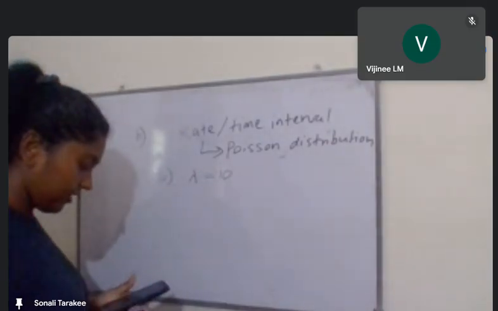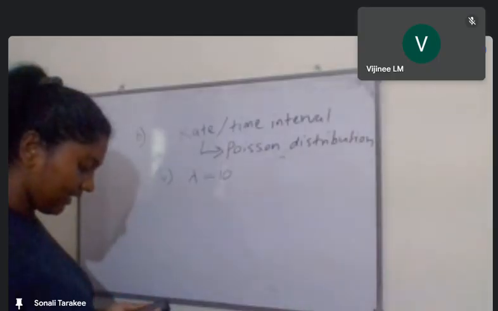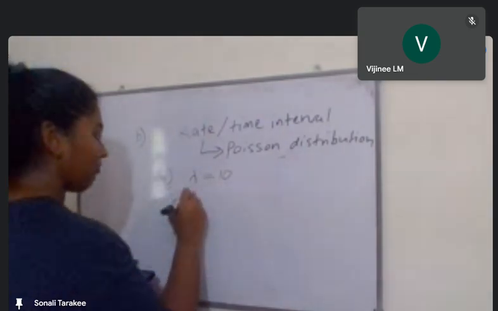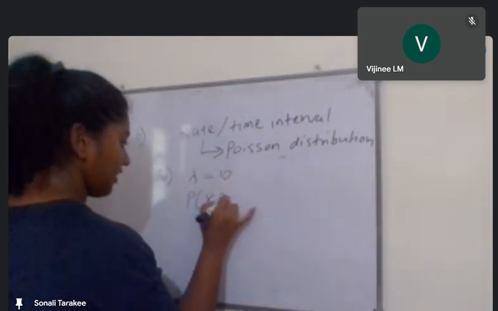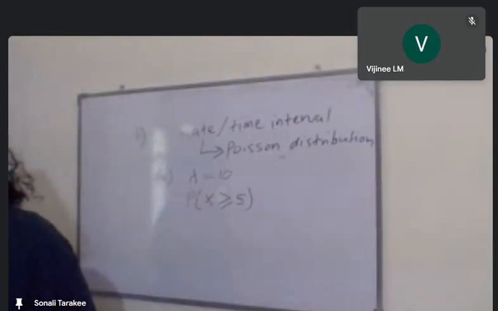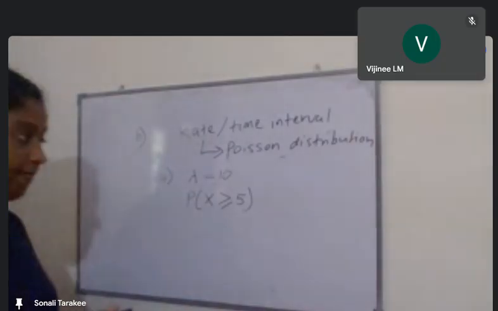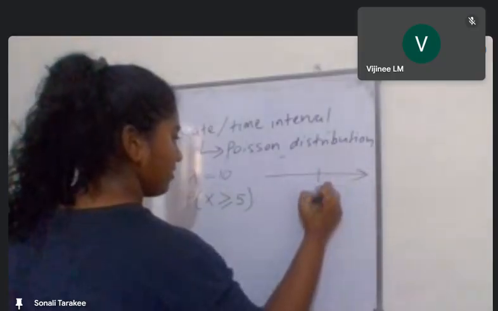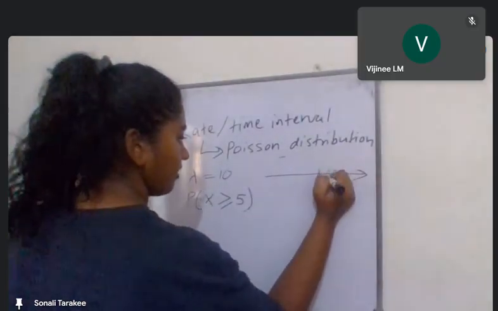Okay. Find the probability of receiving at least 5 hits. That means the probability should be greater than or equal to 5. This is the probability, no? So how do you solve this one?